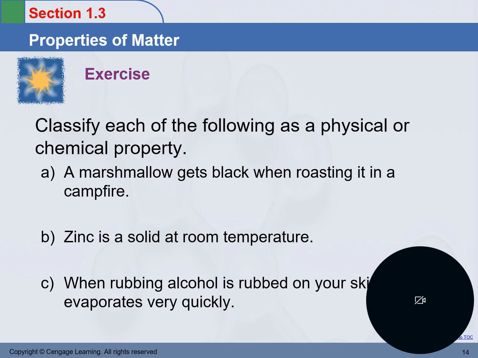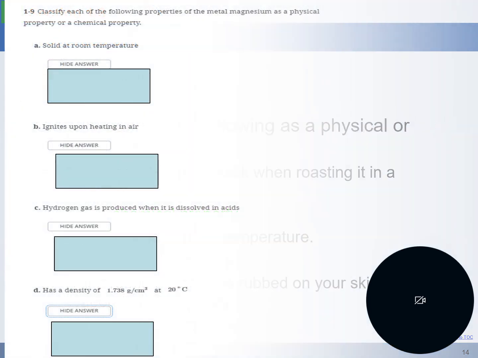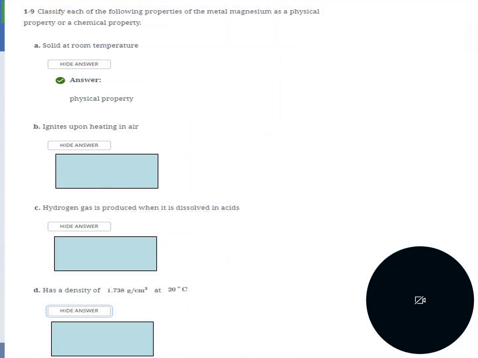You cannot get your marshmallow back. The fact that zinc is solid at room temperature is a physical property. And when rubbing alcohol is rubbed on your skin and evaporates, that is a physical property as well.